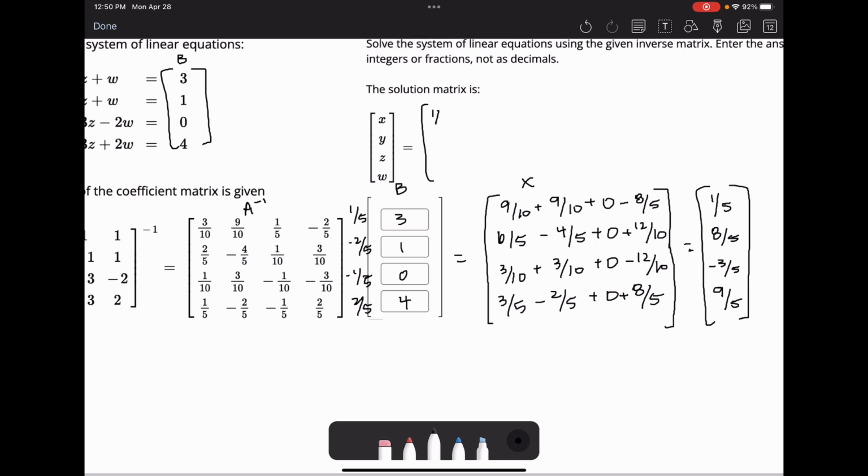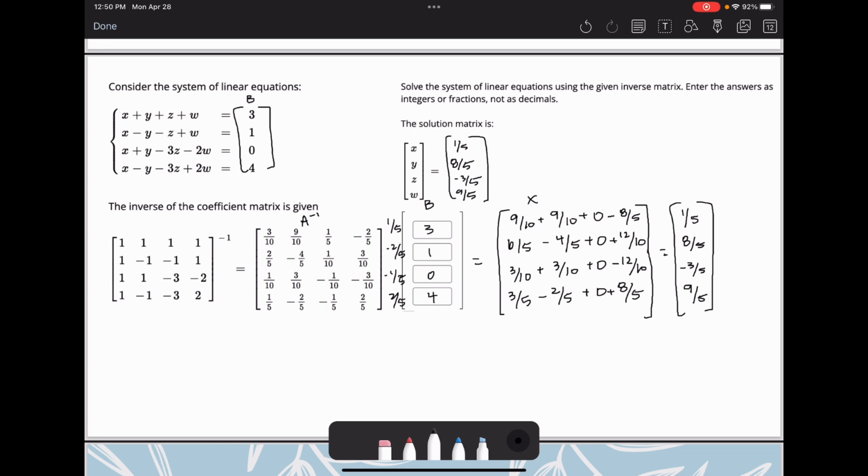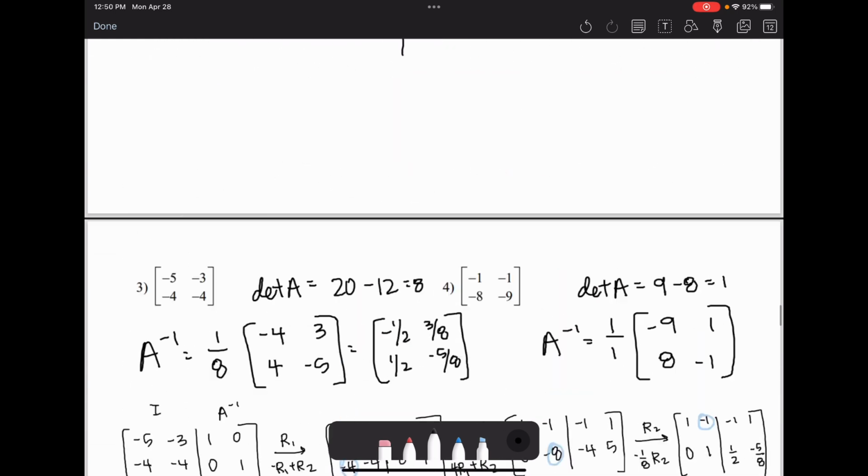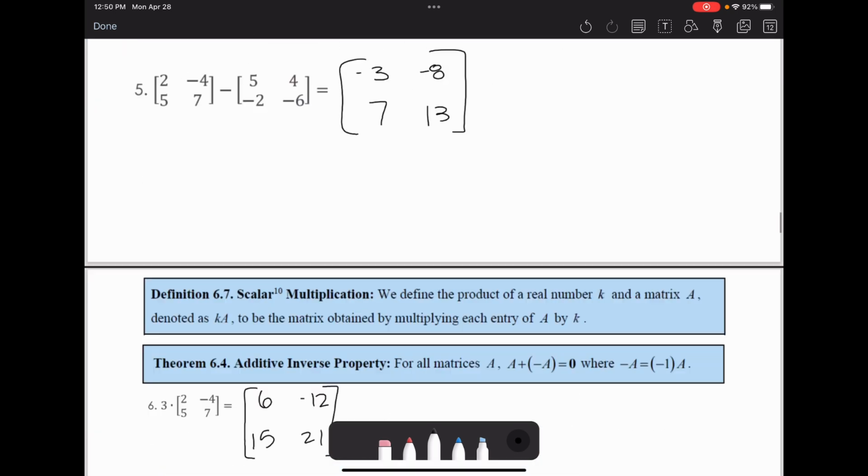Okay, 1/5, 8/5, negative 3/5, and 9/5. And those are the solutions to the system. So that is the point of having an inverse. It's very nice. So far we've talked about using row operations to solve a system of equations. Pardon my fast scrolling.